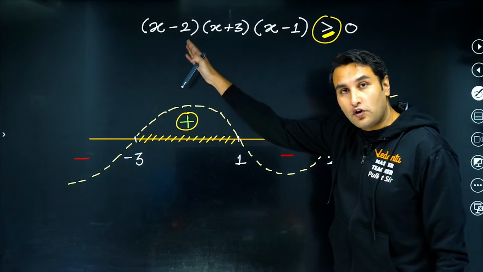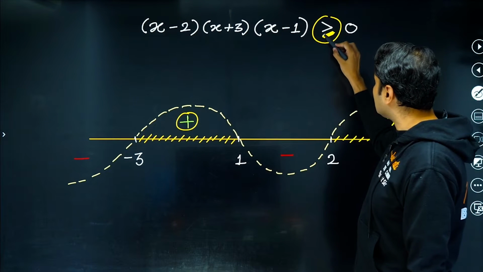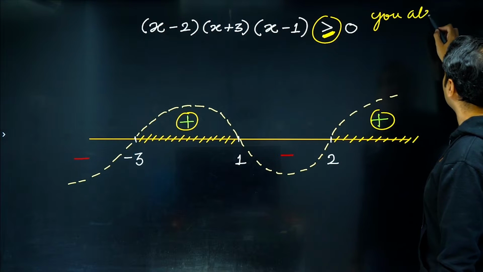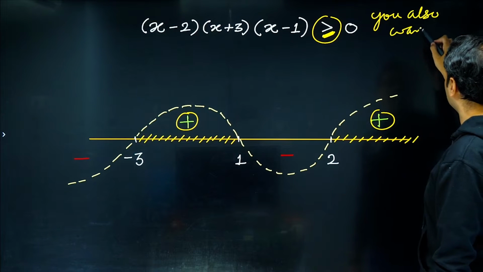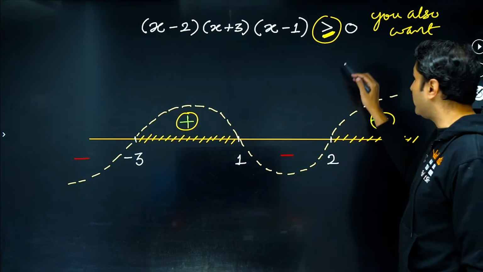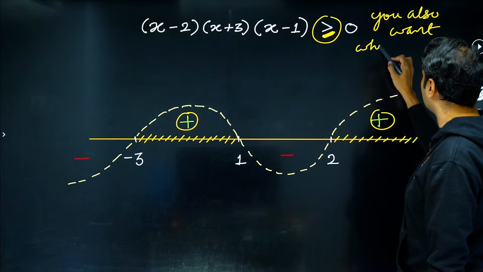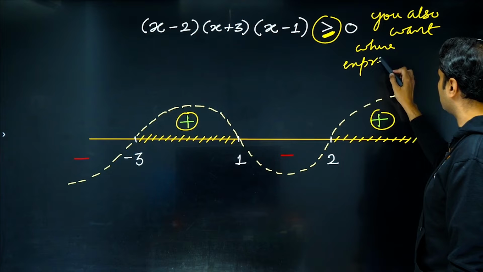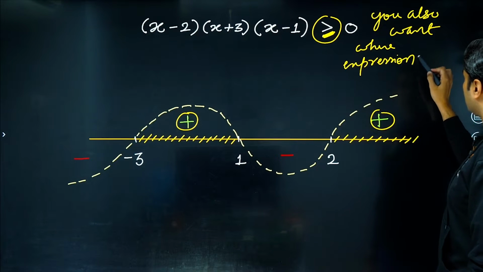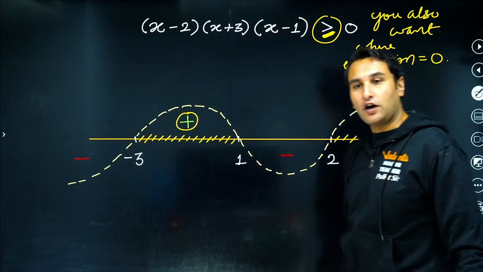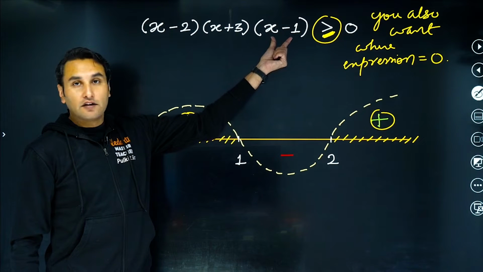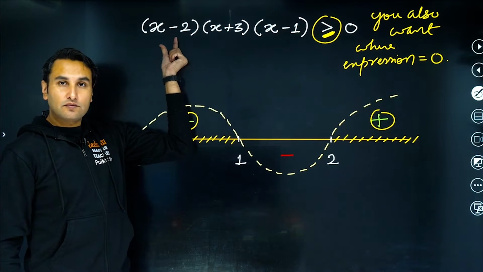You also want those values of x where your expression is equal to 0. Ab batao, tell me, where is this expression equal to 0? When any one of this is equal to 0.